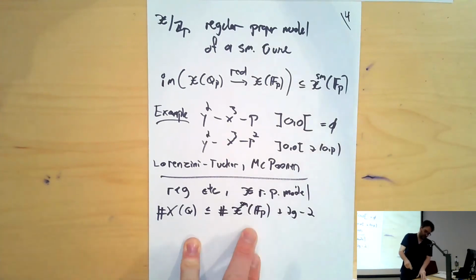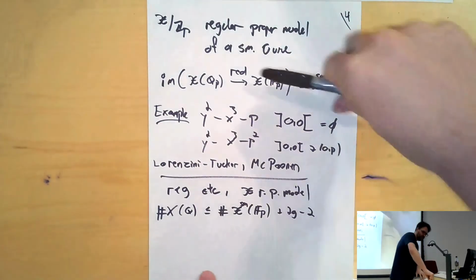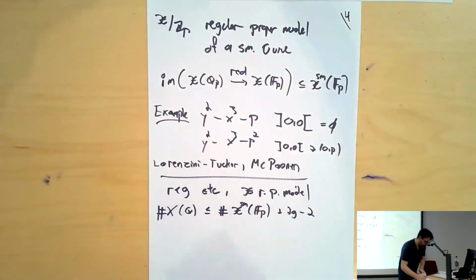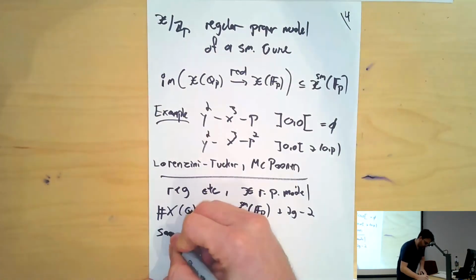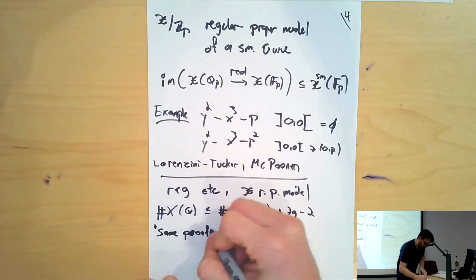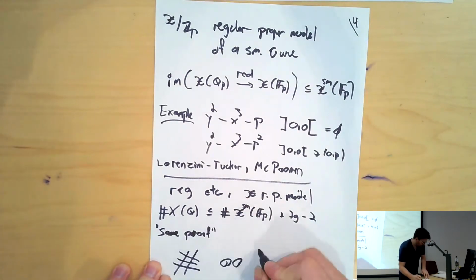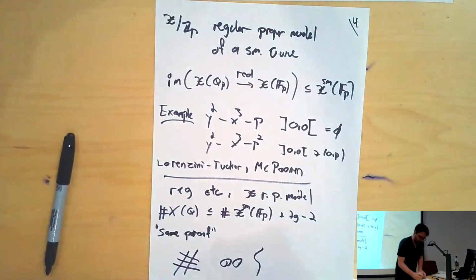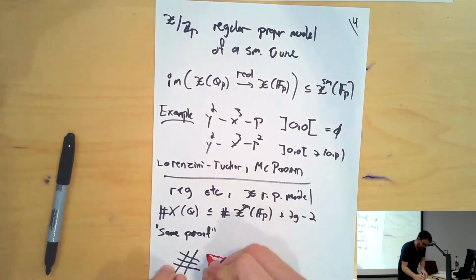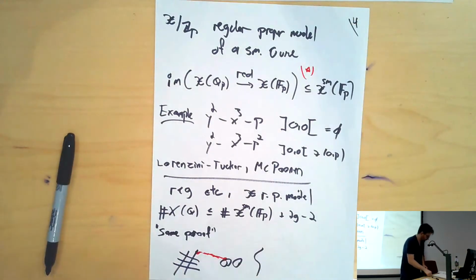When I write X smooth, what I really mean is, it's a curve over Spec Z_p, the special fiber has some singular points, just remove those. And this fact about the image of the reduction map tells us that we really have the same proof as in Lorenzini-Tucker, at least: if our model is something like this, then any rational point, by the star, reduces to a smooth point of the special fiber.